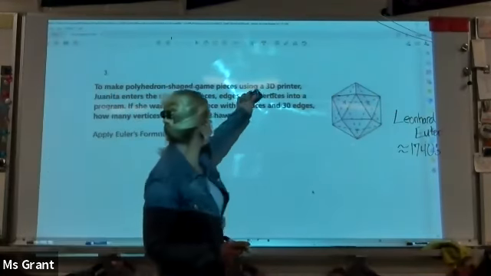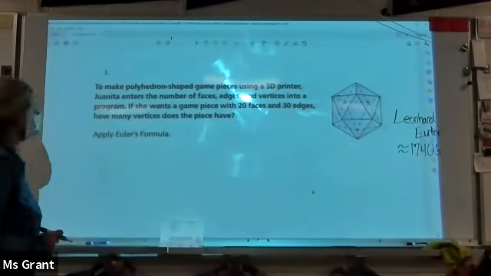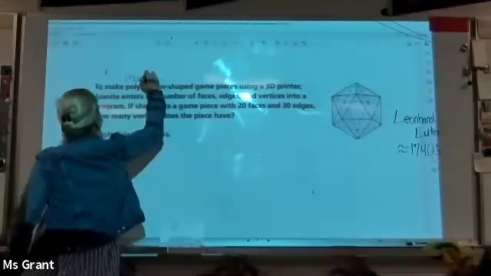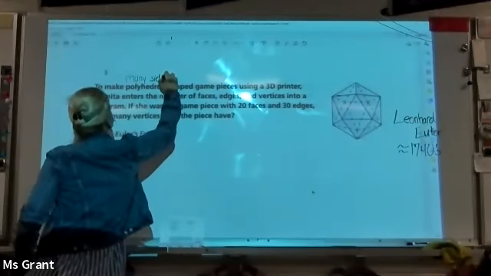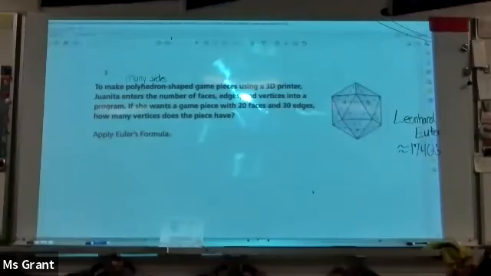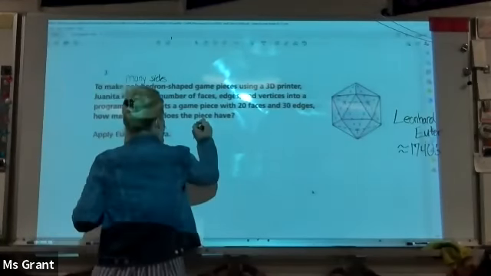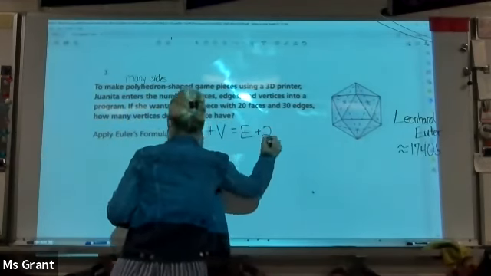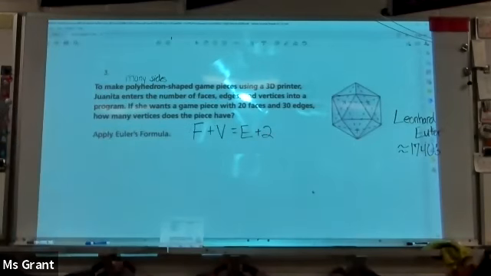So to make a polyhedron with many sides using a 3D printer, one needs to enter the number of faces, edges, and vertices into a computer program. If she wants a game piece with 20 faces, we're going to use Euler's formula today.